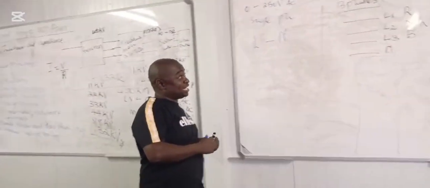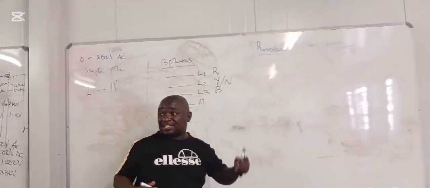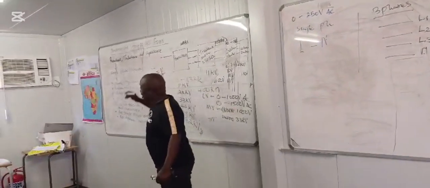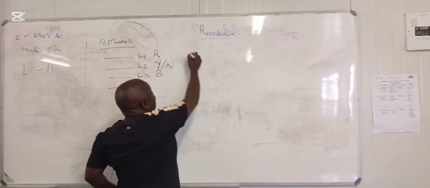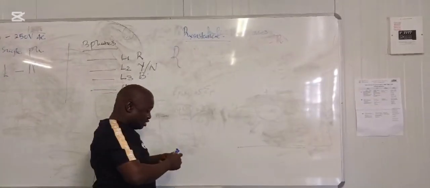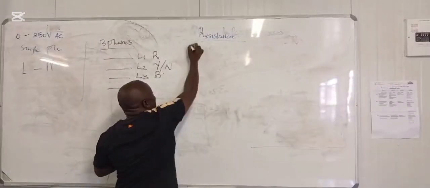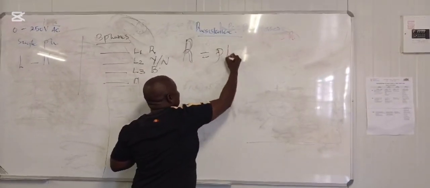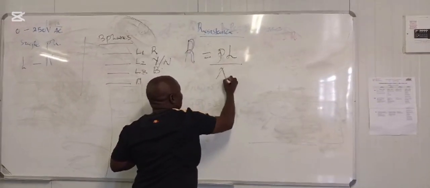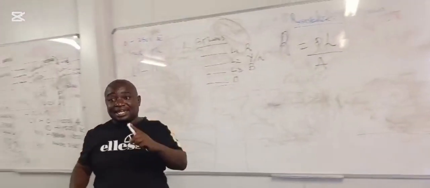Now in this case, as we are looking at the effect that resistance has on the generation and supply of AC power, we know that there are factors taken into consideration for the resistance of a conductor. What are those factors? R is equal to the resistivity times the length divided by the cross-sectional area.